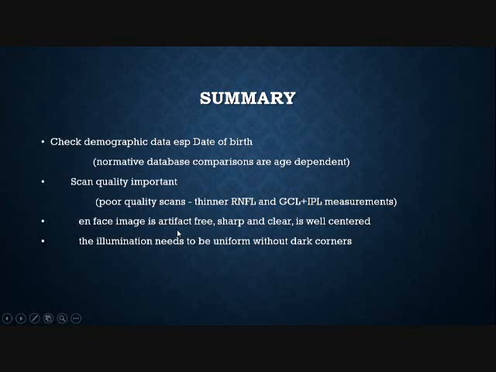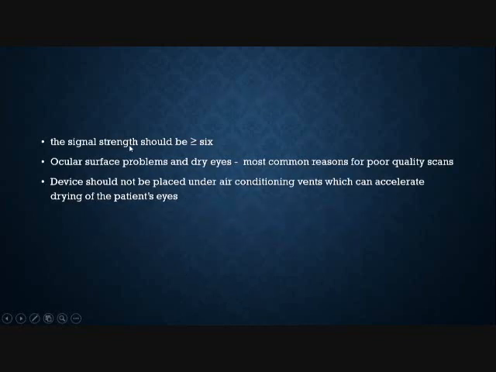And the face image should be artifact free, sharp and clear, well centered, and the illumination needs to be uniform. The signal strength should be more than 6, and ocular surface problems and dry eyes are the most common reasons for poor quality scans. So the device should not be placed under air conditioning vents, which can accelerate drying of the patient's eye. So this was about glaucoma.